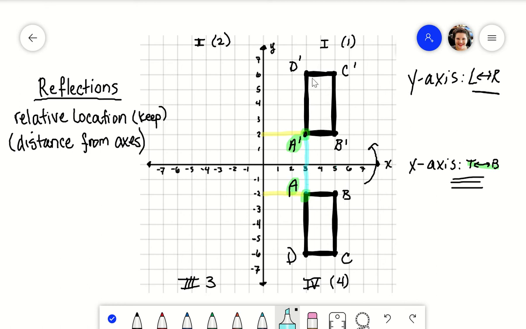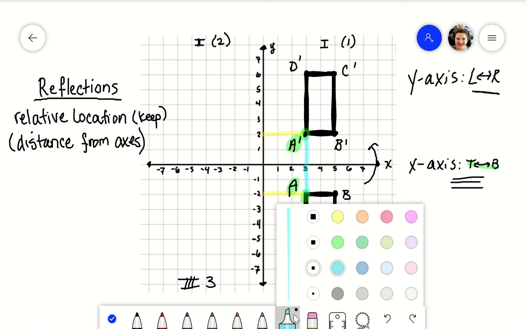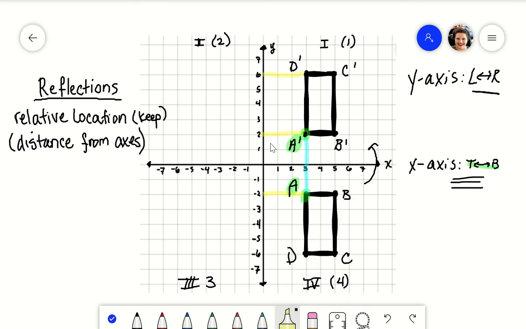And if I look here, this is 1, 2, 3, so it's still in the relative position. So this is a reflection over the x-axis because all of the points have changed relative location from top to bottom, but they all stayed in the same relative distance to the axes. Hopefully that helps you visualize what a reflection looks like.